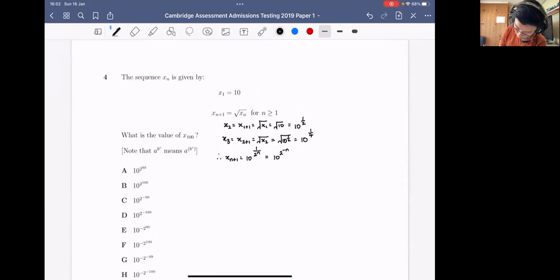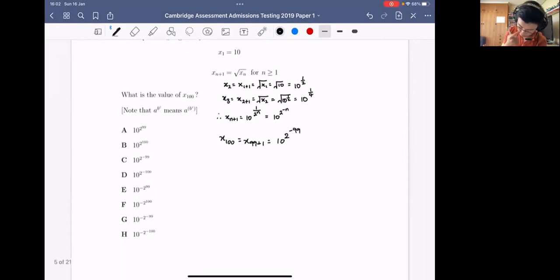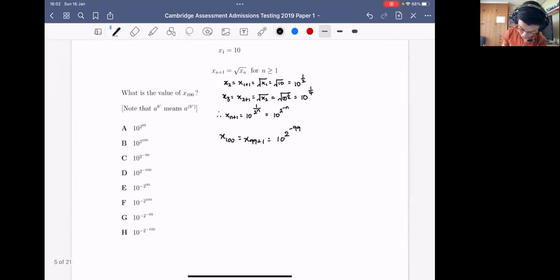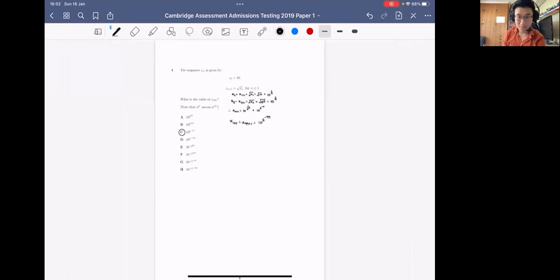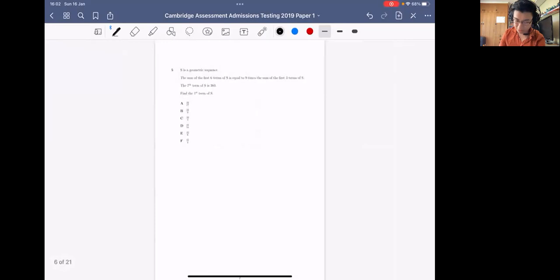And then x to the 100, which is x to the 99 plus 1, is 10 to the minus 99. And the answer should be C. That looks right. Good. Question 5.